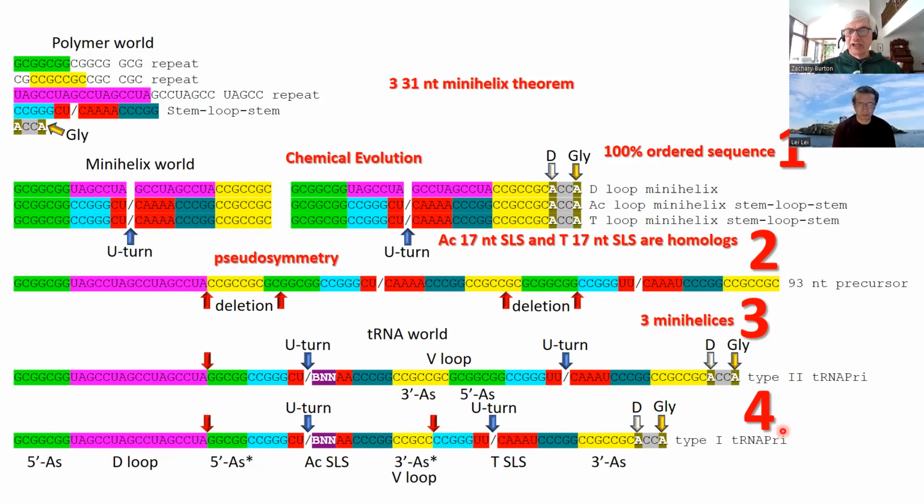And then the fourth point is that I've completely described type 2 and type 1 primordial tRNA sequences. So there are competing models for tRNA evolution, but I would avoid them if I were you, and none of them will rationalize the differences between type 2 and type 1 tRNAs.